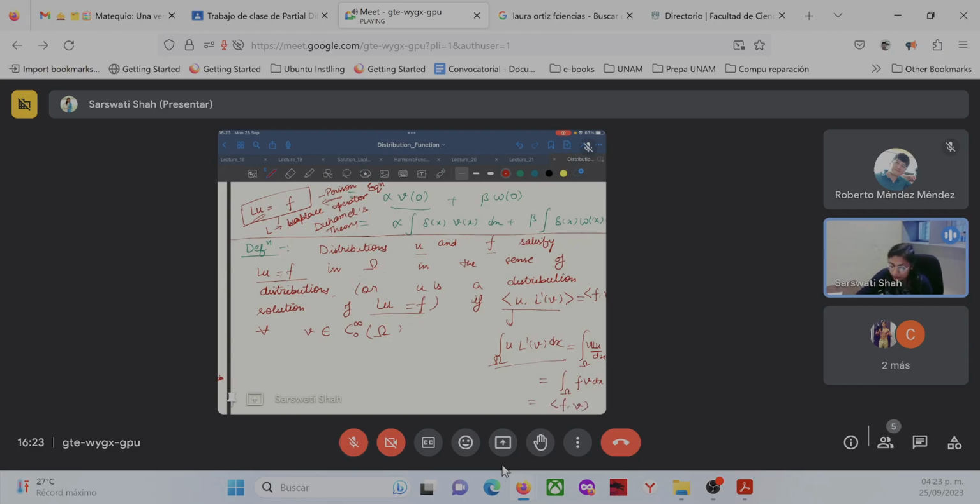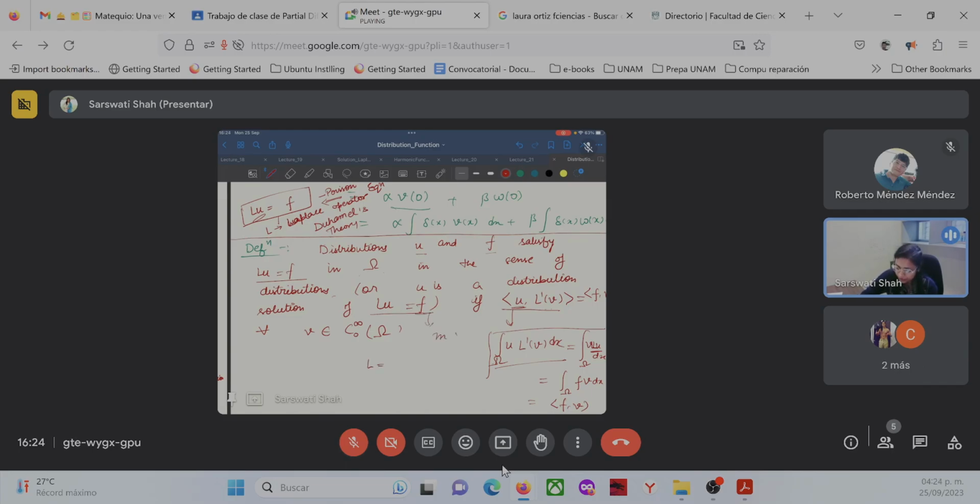Since this inner product is defined in this way, if this distribution can be written for U under any test function V, that is, for all compactly supported V or all test functions for the given U, then we call U a distribution solution of this linear partial differential equation, which is of mth order.